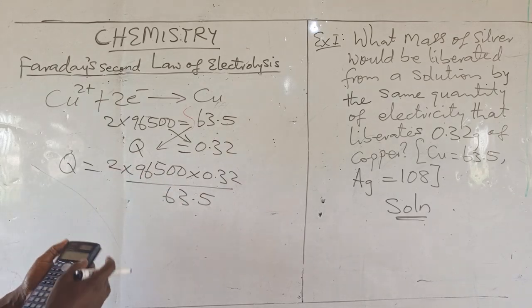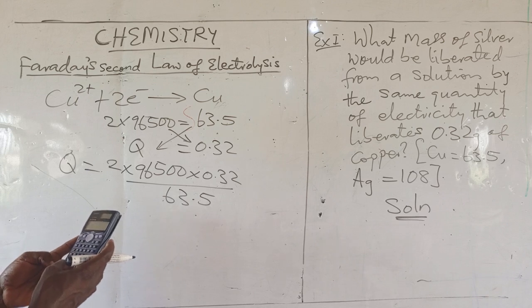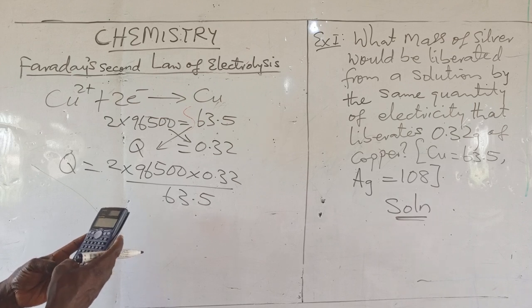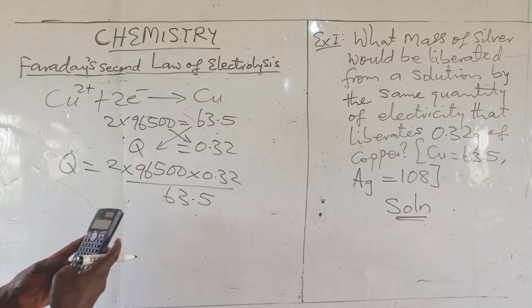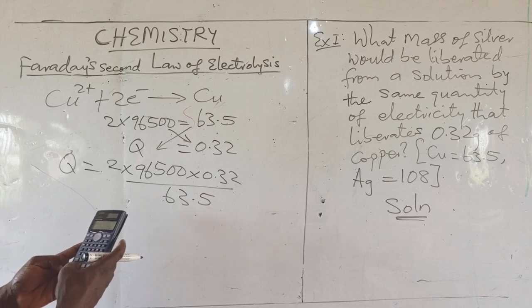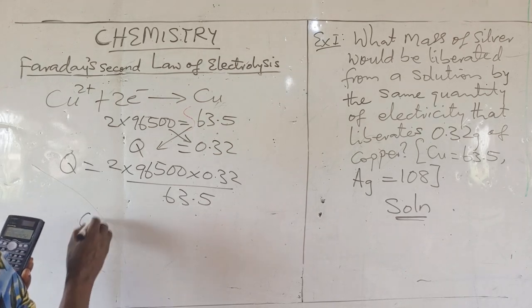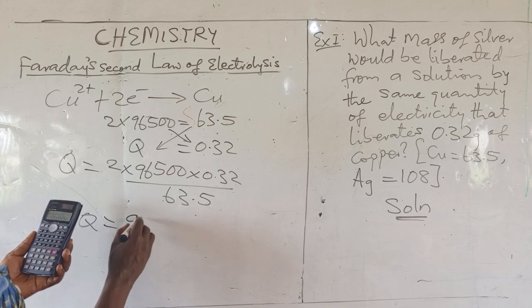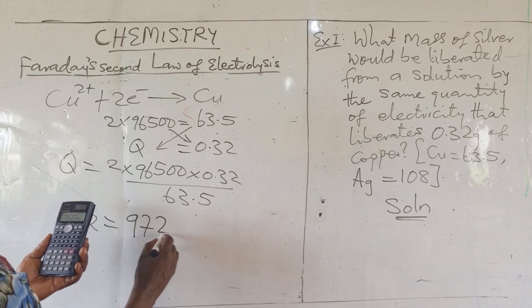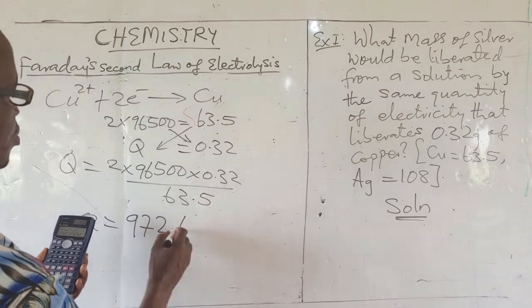Now multiply this: 2 times 96500 times 0.32 divided by 63.5. I have Q equal to 972.6.